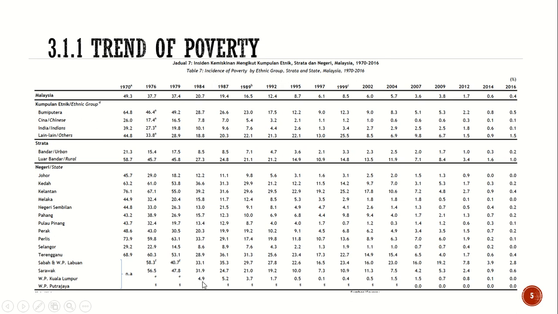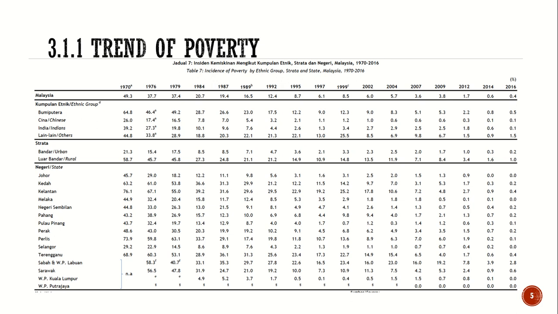1984 here. So you can see that the poverty rate in Wilayah Persekutuan Kuala Lumpur was quite low. In terms of poverty in other states such as Johor, it's also quite low, around 11.1.